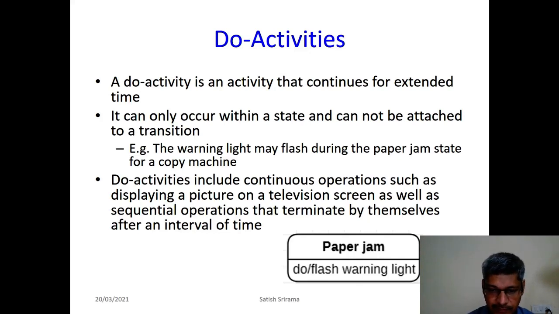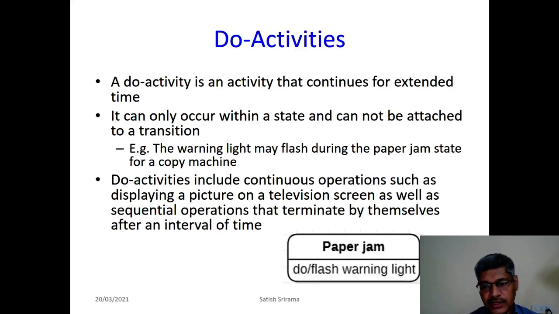Here in the example, paper jam is a state. In that state, flash warning light is happening, and that is the do activity. So the do activities can include continuous operations, the way I have given in this example.